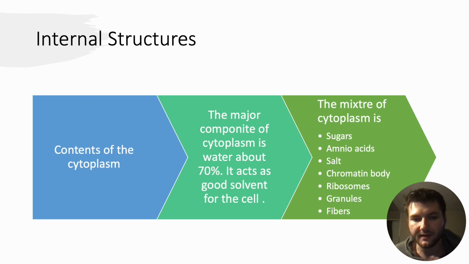About 70% of it is water, and it acts as a good solvent for the cell. The other 30% is a mixture of sugars, amino acids, salts, chromosome, ribosomes, granules, and fibers. So that's a part of the main internals. And remember, all bacterial cells have cytoplasm.